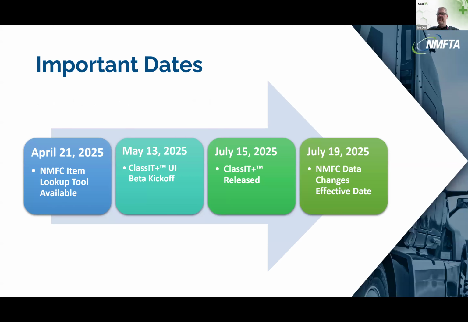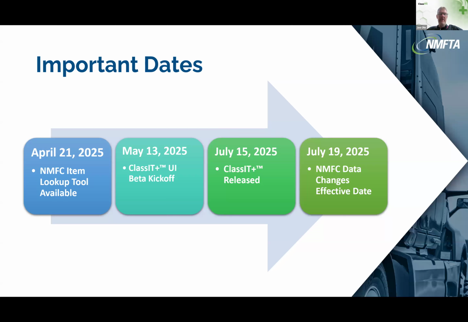Some of the important dates. April 21st, that's obviously one in the past. We made the NMFC lookup tool available. If you haven't heard about this, it was a tool that we made available.